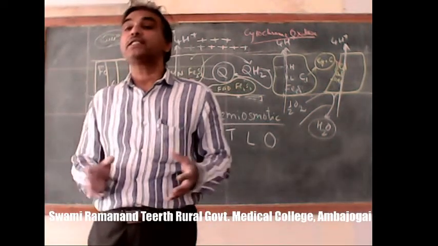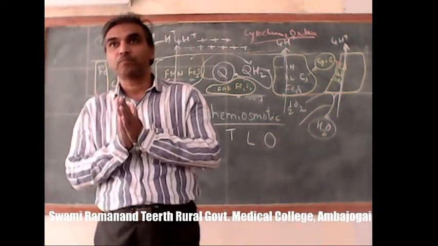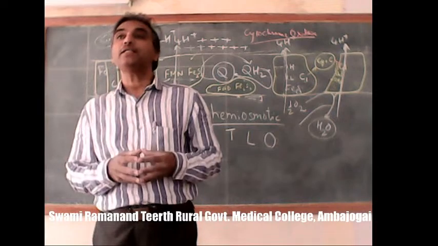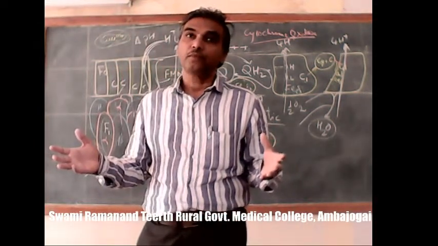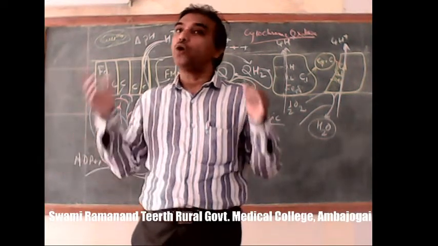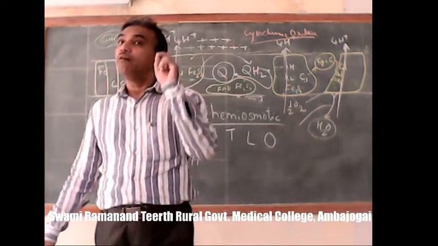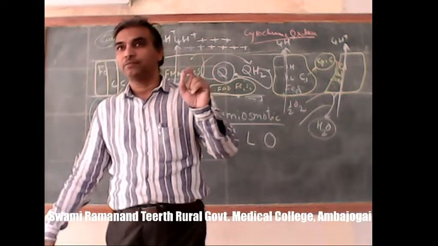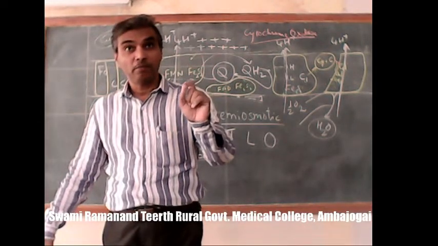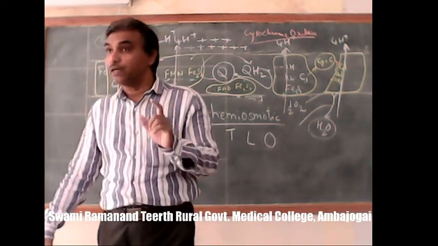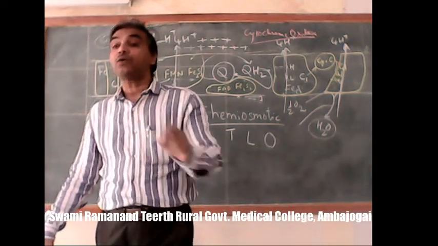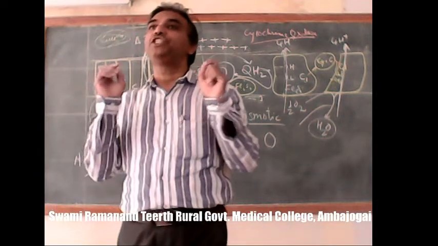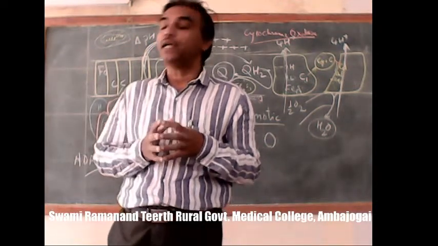This process is efficient and called oxidative phosphorylation. Okay? So oxidative phosphorylation is stepwise. It is controlled. It is at body temperature. It is at body pH. It is as per body need. And not only that, it is efficient. Why do we call it efficient?